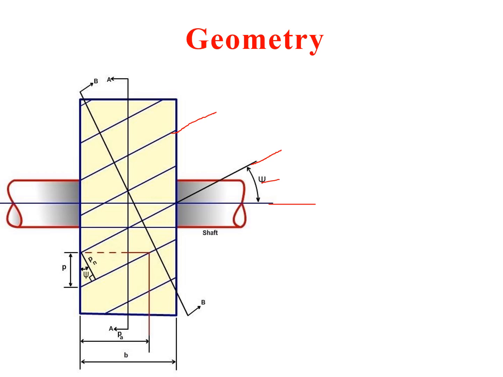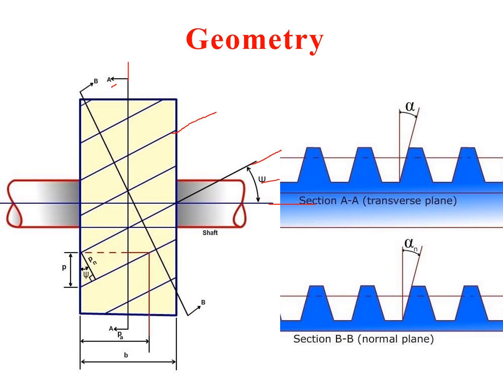Now, if we are cutting this helical gear through this plane, that is AA or section AA, then this section AA is called the transverse plane, which is also called the plane of rotation of the helical gear. Here is the representation of the tooth, and the angle made by this tooth is your pressure angle, which is also called the transverse pressure angle.